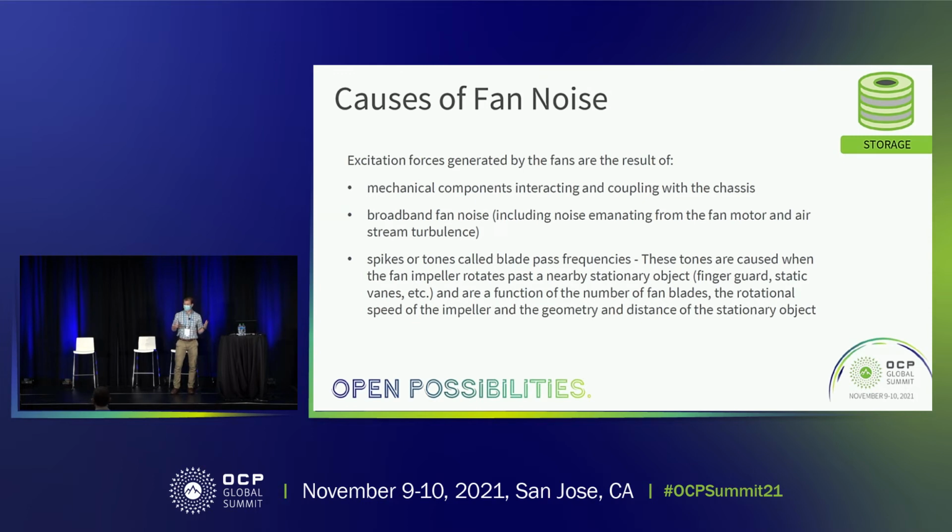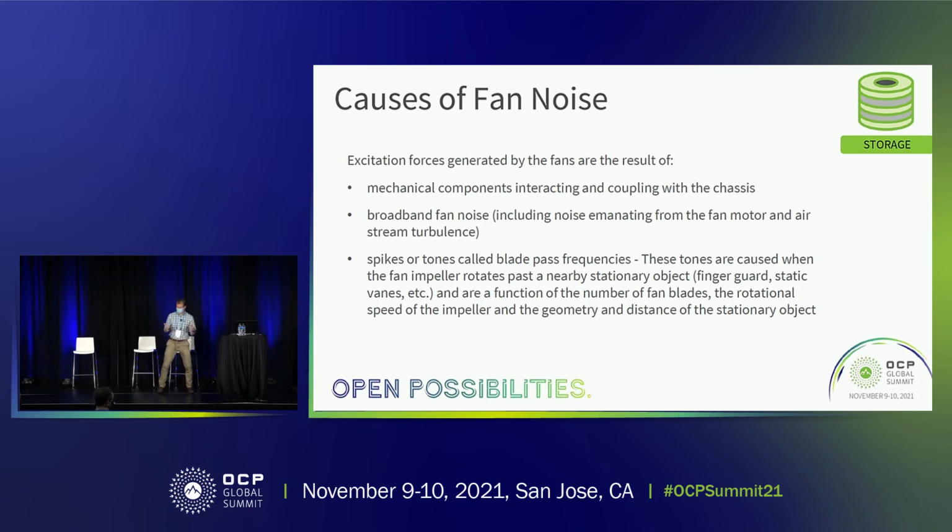Another one is, and I've talked about it a little bit already, those spikes that we see, those tones. And that's caused by a rotating impeller, rotating fan blade next to something that's stationary. It could be a stator, it could be a finger guard, it could be a connector, right? There could be a number of things that are there, and depending on the geometry, how close it is to that blade, it can cause these tones.